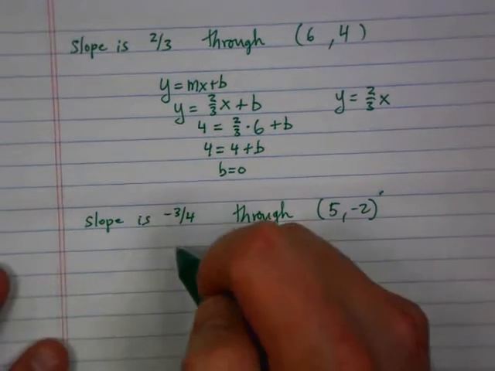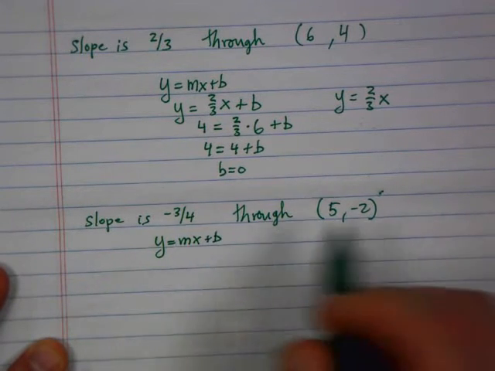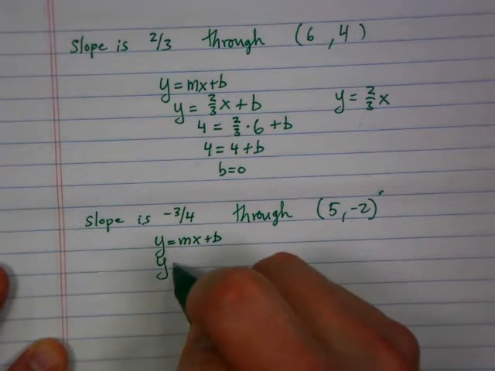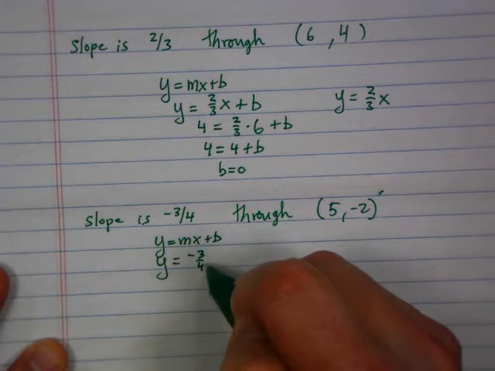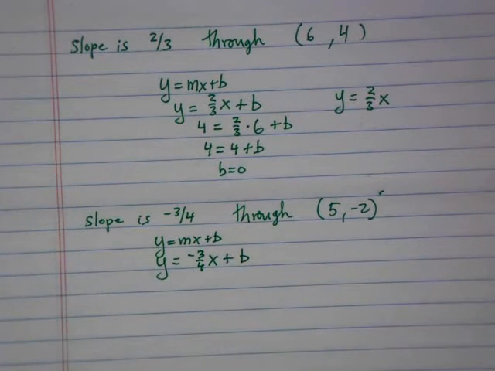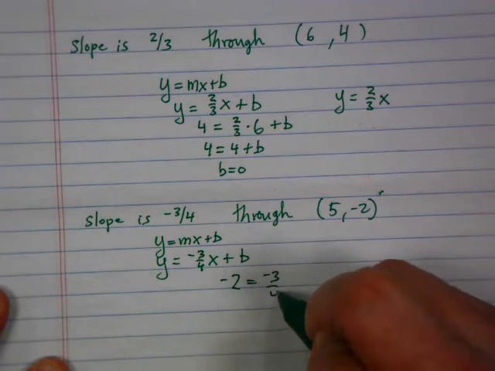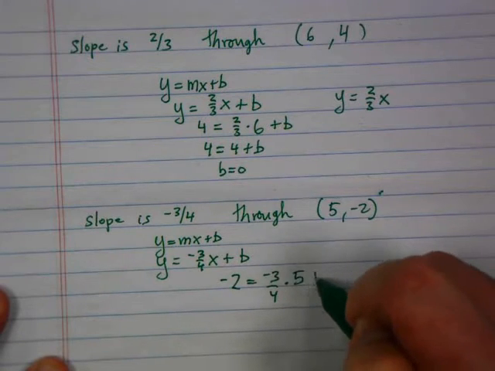Y equals mx plus b. Y equals negative 3/4 x plus b. Then what? Plug in those two numbers. So negative 2 equals minus 3/4 times 5 plus b.